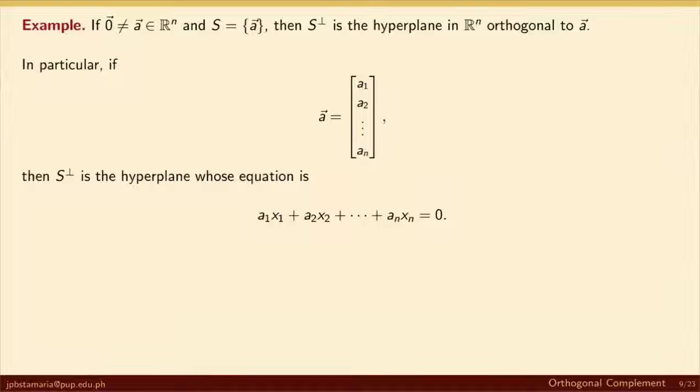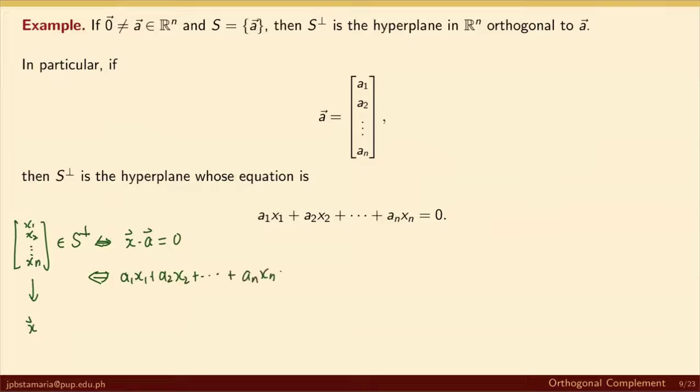If we take A to have components A1 up to An, then a typical vector x1, x2, up to xn is in S perp precisely when its dot product with A is 0. So if you take this as your vector x, that means x dot A has to be 0. And if you perform this dot product, it gives you this equation.